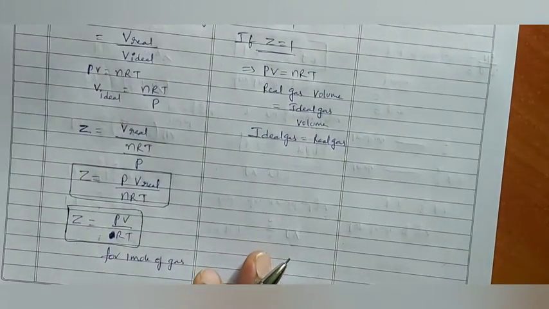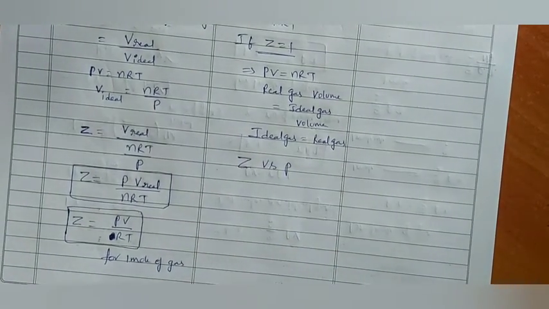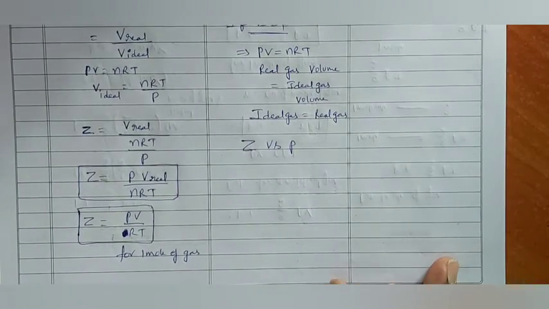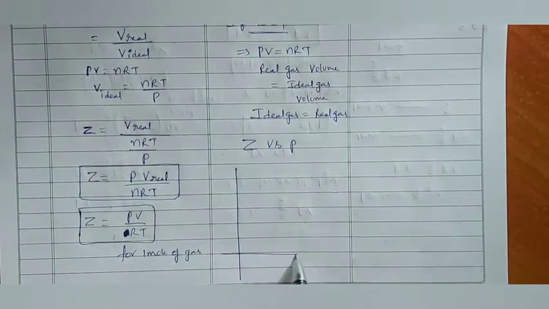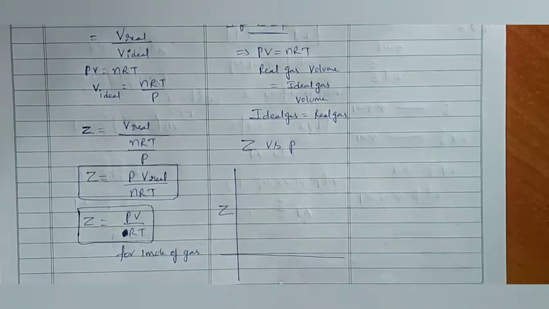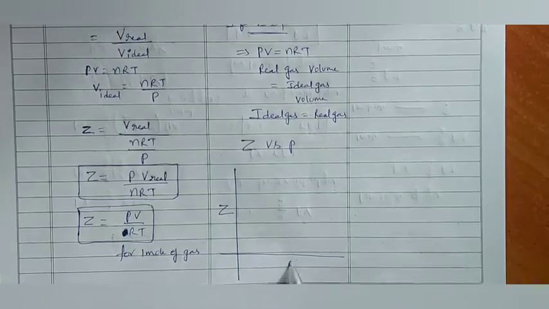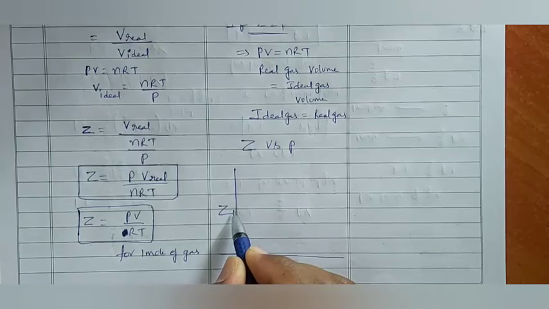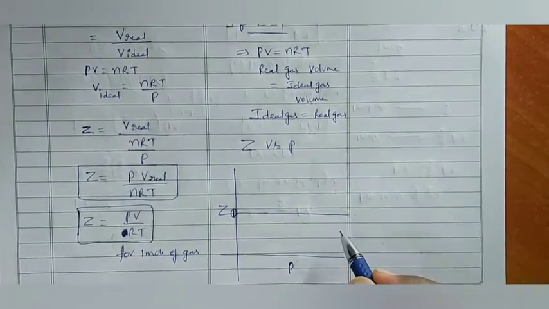Now we are going to draw the graph between Z versus P. On the y-axis I am going to consider Z. On the x-axis I am going to consider P. If Z is equal to 1, that gas is ideal gas.